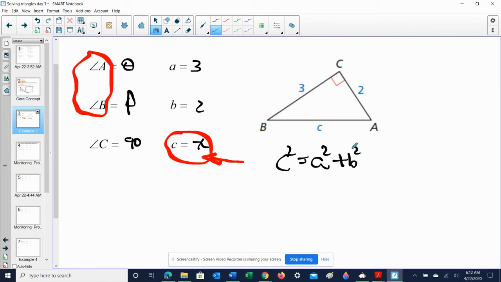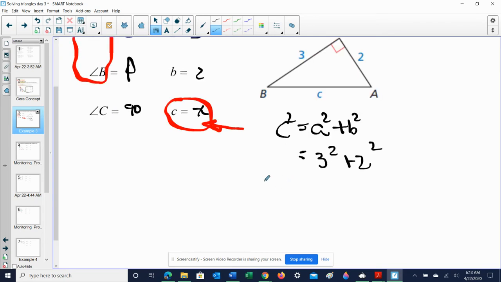We've done this a number of times already. c squared equals 3 squared plus 2 squared. I know my writing here is horrible, but please bear with me. So c squared is equal to 3 squared is 9, 2 squared is 4, 13.